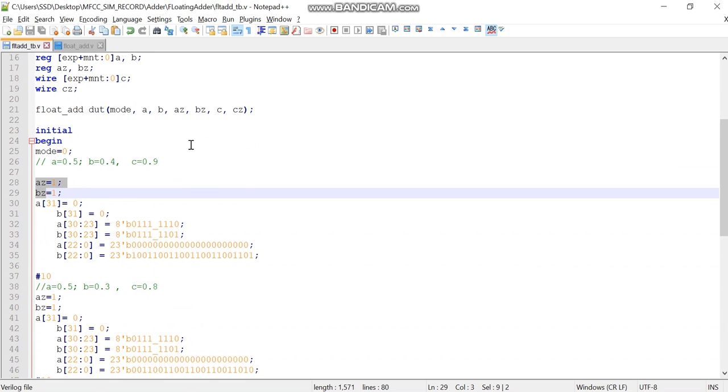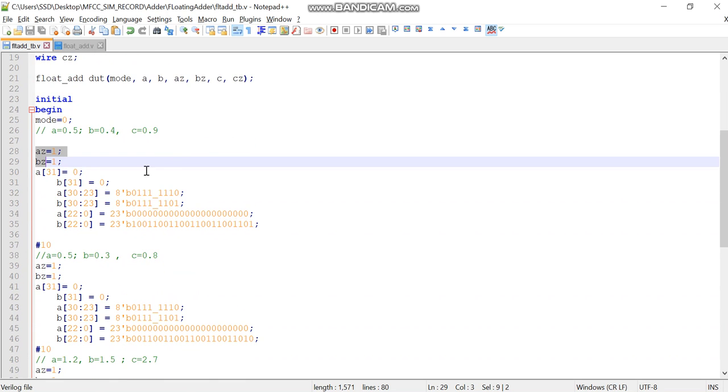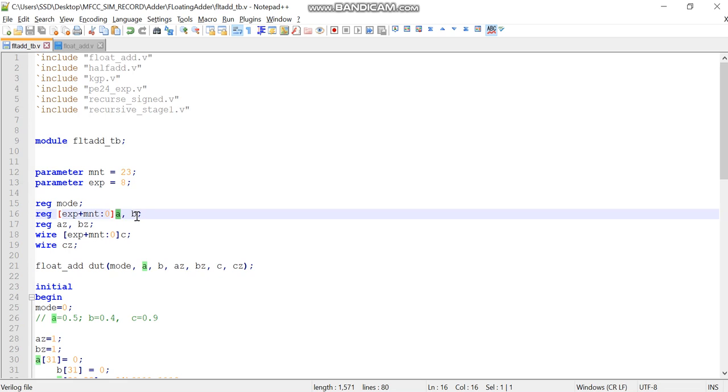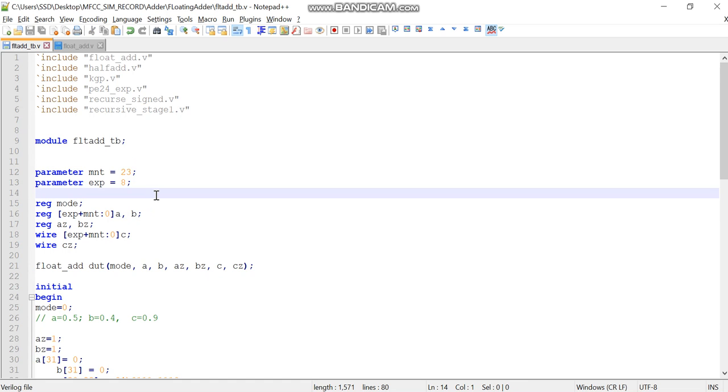Since we have seen that there is one sign bit, 8 exponent bits and 23 mantissa bits, we have given all that as a single binary number. Let's say A and B are the inputs, bits 0 to 31, which is a 32-bit number.